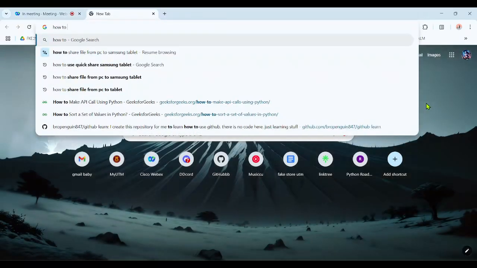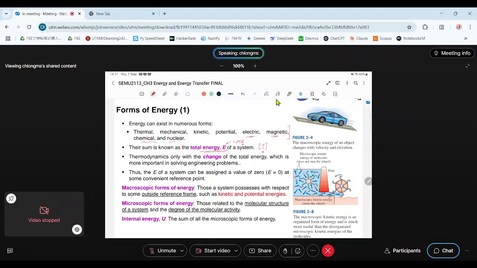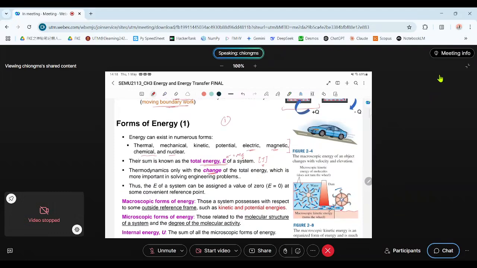And in most applications, the absolute magnitude of the energy is not so much our concern in thermodynamics. What concerns us more is how much the change is. Because effectively, we want to look at going from state 1 to state 2.